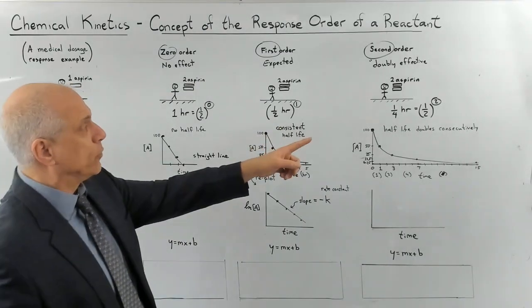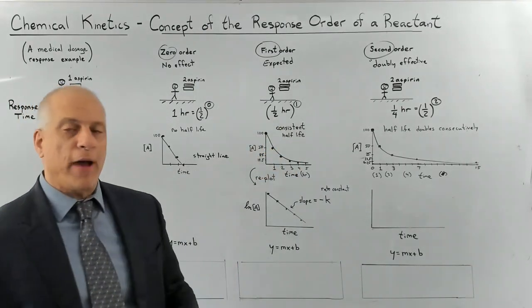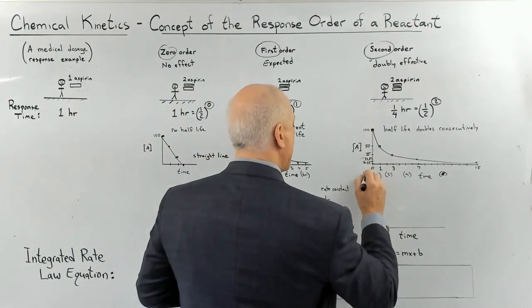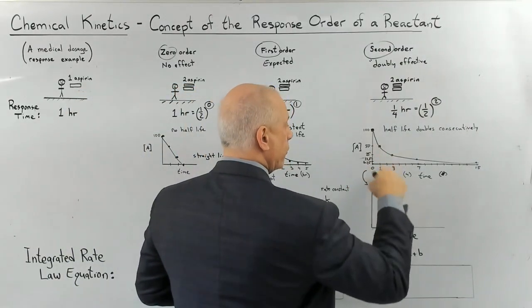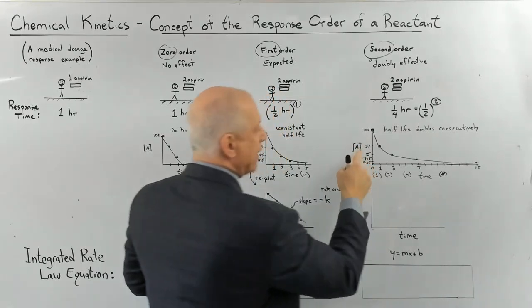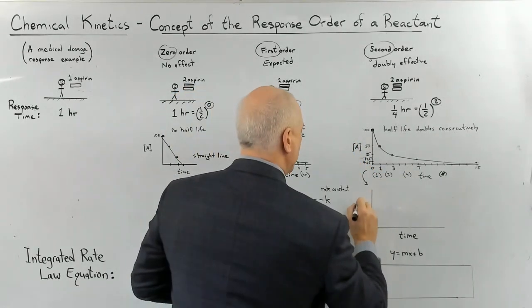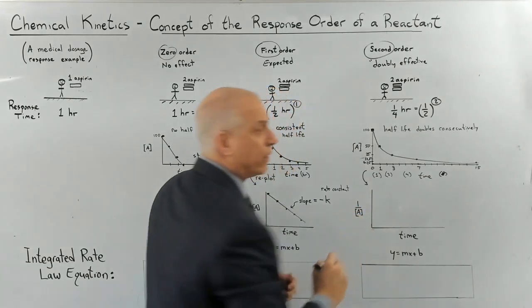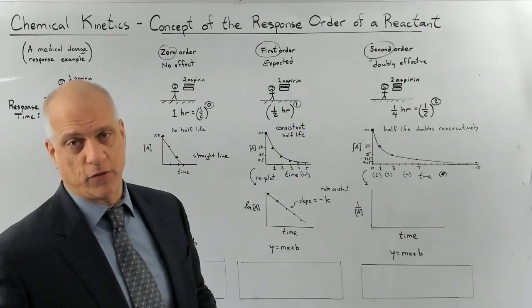Let's go to the second order graph. In the second order graph, again, this is where the mathematicians come into play. We are going to replot this data, but instead of plotting concentration versus time, this time we're going to plot the reciprocal of the concentration versus time.